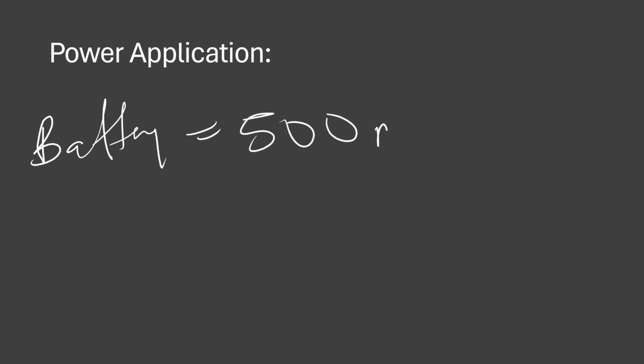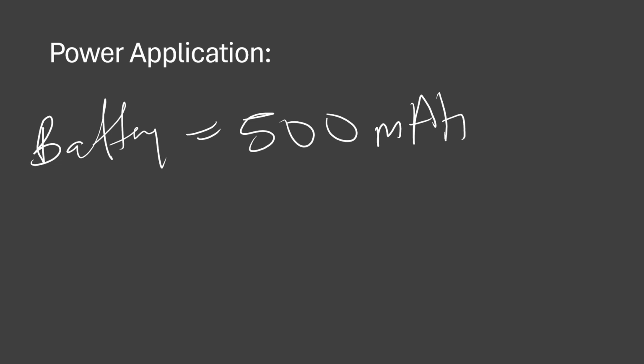And the board, which is the Arduino Nano 33 BLE, draws 25 milliamps in sleep mode. You can always check the description below for the specifications of the Nano 33 BLE. Now, we have a battery for our circuit, and the battery is rated 500 milliamp hour.